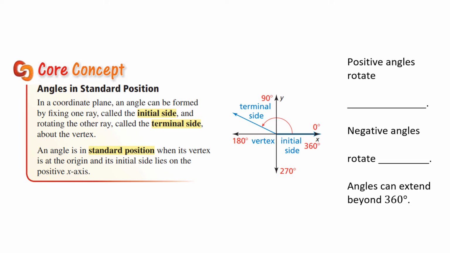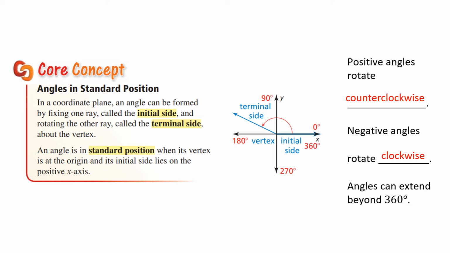Well, that means if you can see the way the arc is rotating here, this red arc, it's telling us that positive angles rotate counterclockwise. Therefore, negative angles rotate clockwise. And we don't need to restrict ourselves to being in the first quadrant. We don't have to restrict ourselves to a protractor and having just simply up to and including 180 degrees. We can have an infinite number of degrees.